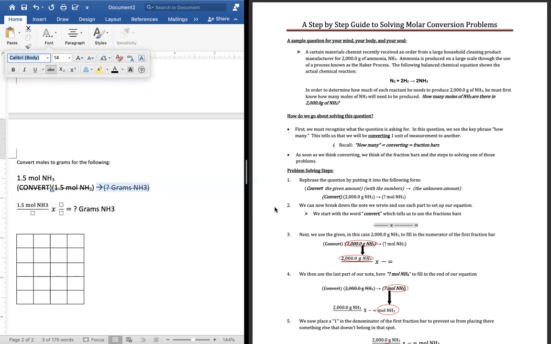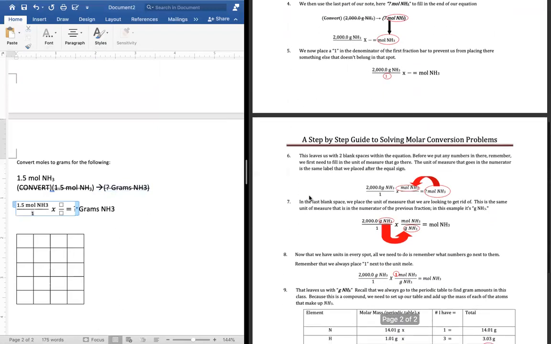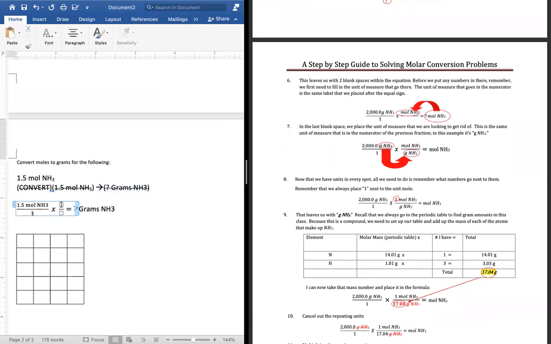So next I just go on to step 5. I just have to fill in these 3 boxes. And remember, these 3 boxes always come from the same spot. The first one we always fill in is number 5. We always put a 1 in the denominator of the first fraction bar. So there's step 5 every time. Step number 6. Now I have only 2 boxes left to fill in.